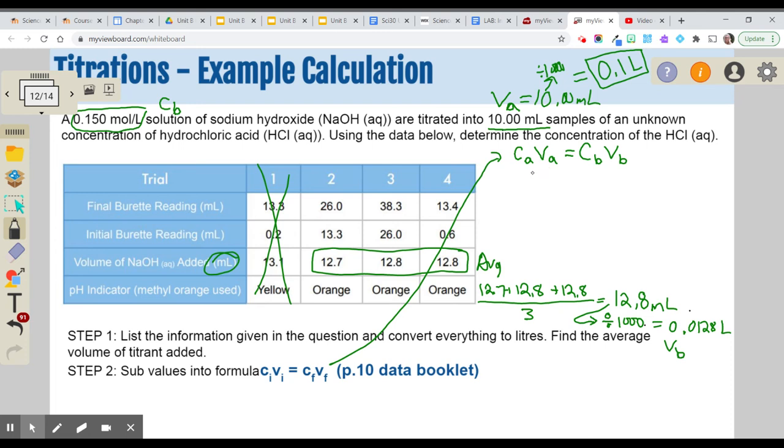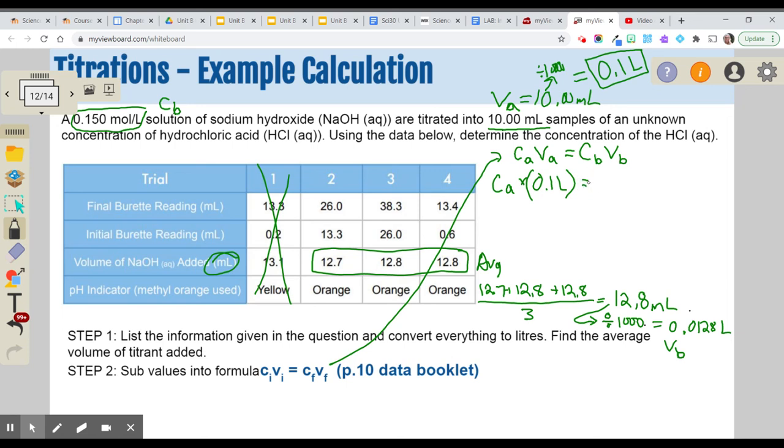Now, what are we trying to find? Let's pop them all in here. So concentration of the acid, that's our unknown. We don't know it yet. That's what we're trying to find, so I'm going to leave it there. Then I'm going to multiply by the volume of the acid. The volume of the acid is our sample, so it is the 0.1 liters.